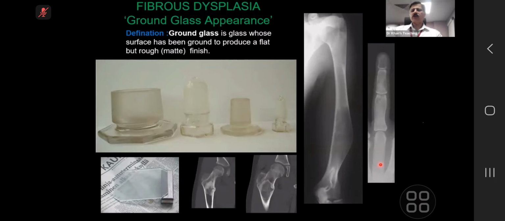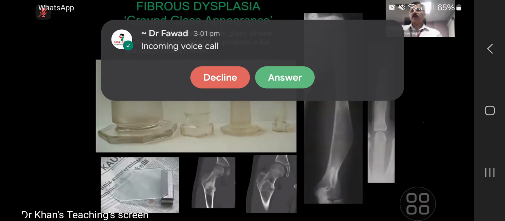You don't see the medullary cavity, it is obliterated, and then there is this ground glass. Some lucencies are there, and then there is a lytic lesion here in the distal part. This should not confuse you. If you don't know that fibrous dysplasia can have a lytic appearance also, you will always confuse this. So that is why I say, know the pathology and make your radiology.